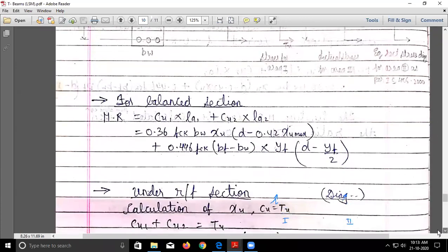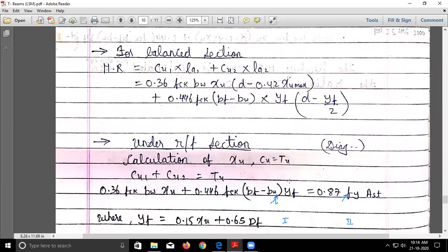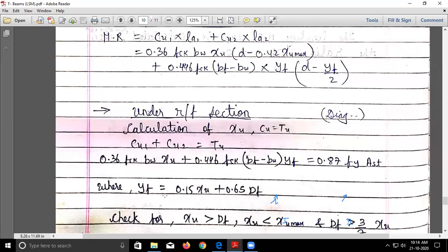Is this clear everyone? So in this equation जो थर्ड केस में the only difference is YF, DF के जगह पे YF आ जाएगा. Now YF का वैल्यू भी दिया है IS कोड ने, so this you have to remember: 0.15 XU plus 0.65 DF.